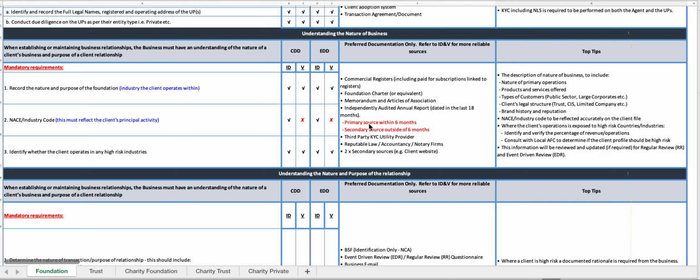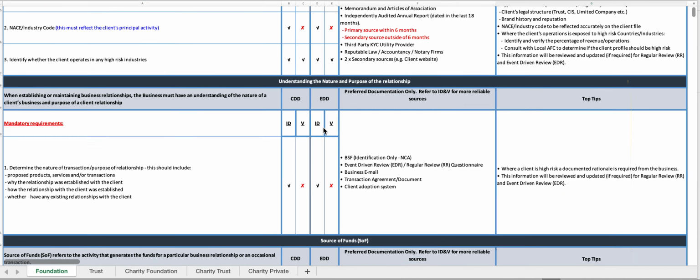Usually, one primary source is acceptable most of the time. Secondary sources, you might need two documents. For CDD and EDD, identification is required and verification of the NACE industry code is not always necessary for EDD and CDD. So hopefully that helps.